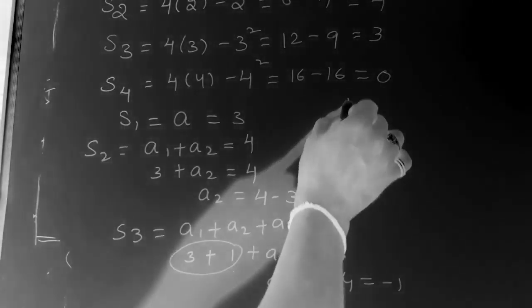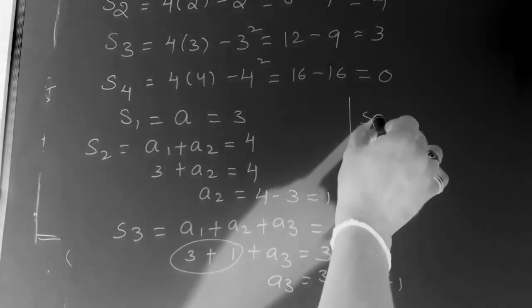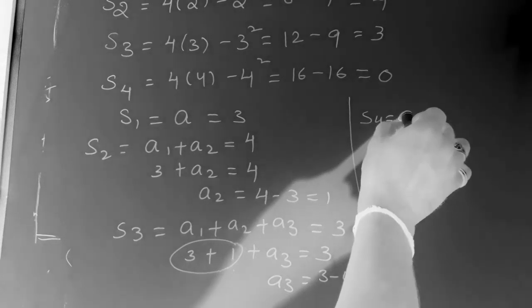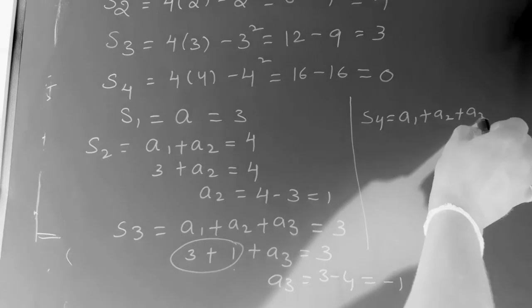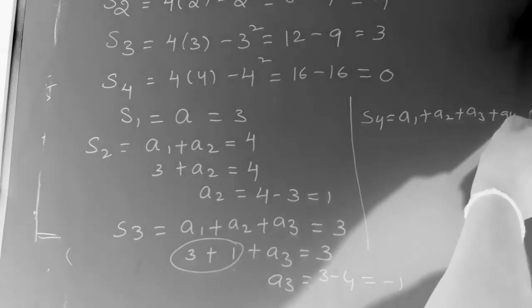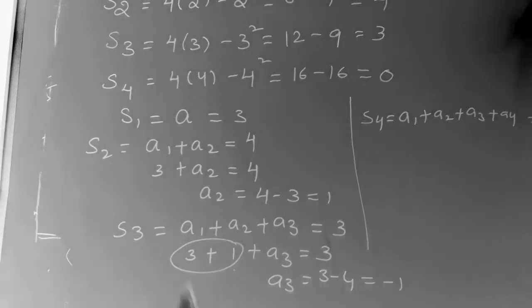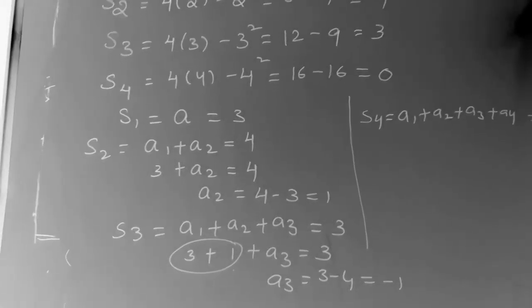So now we will find S4. S4 is the sum of four terms, A1 plus A2 plus A3 plus A4, that is equal to 0. We got here that the sum of four terms is 0.